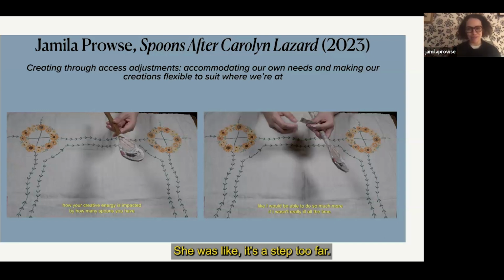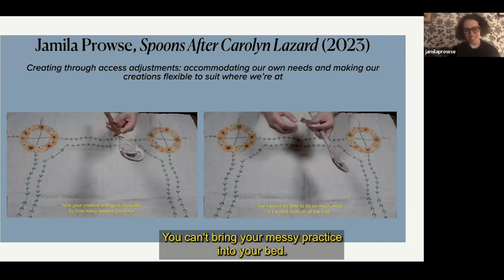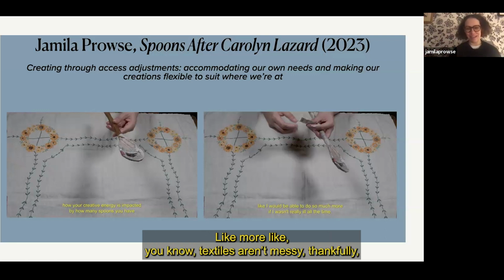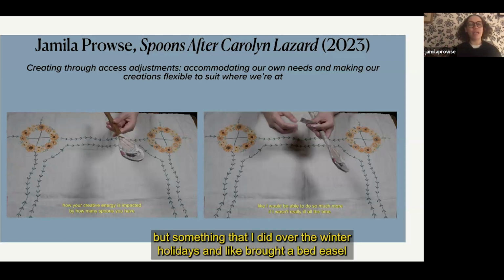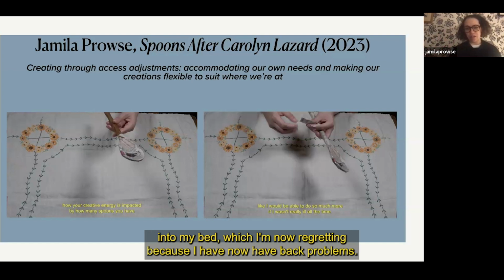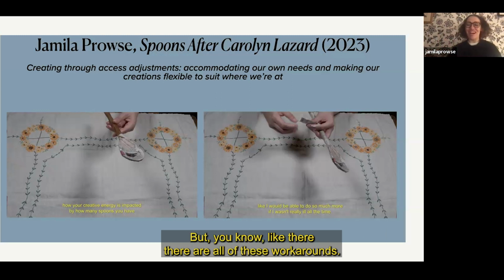And she was like, it's a step too far. You can't bring your messy practice into your bed. Textiles aren't messy, thankfully. But it's something that I did over the winter holidays, and brought a bed easel into my bed, which I'm now regretting because I now have back problems. But there are all of these workarounds.